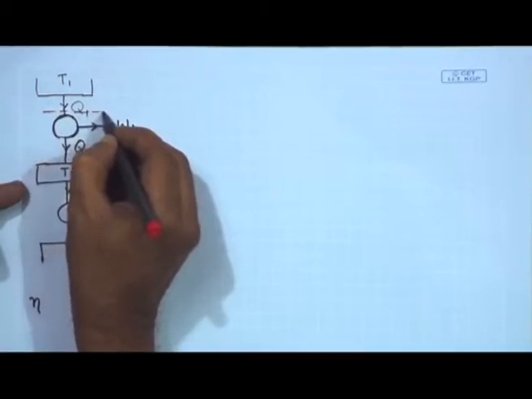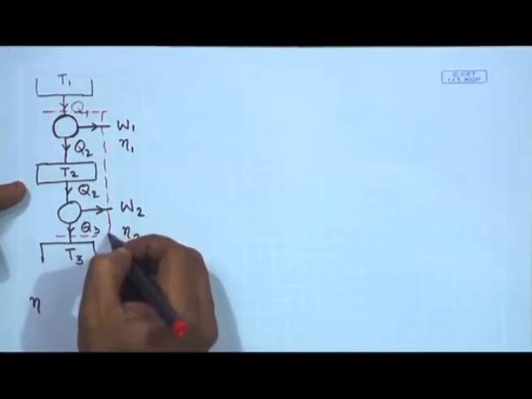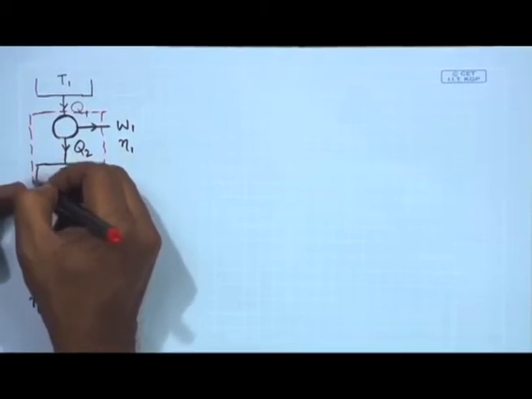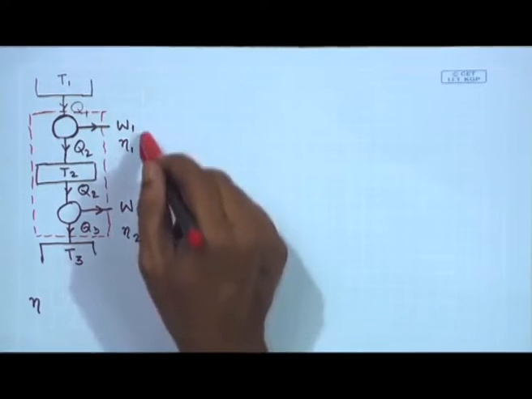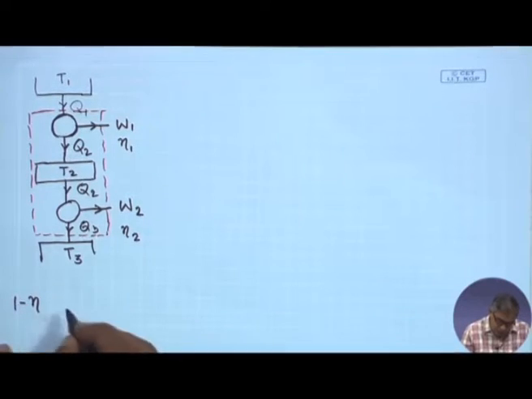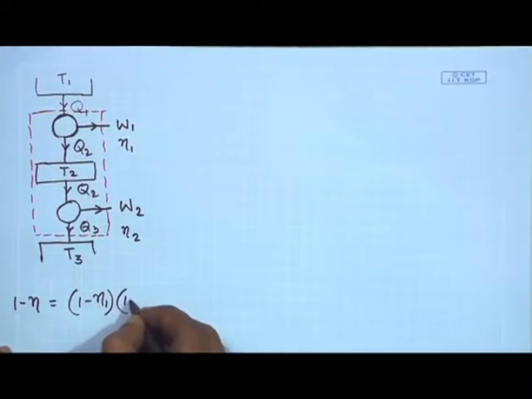This combined cycle takes Q1 amount of thermal energy from a temperature T1 and rejects Q3 amount of thermal energy to a reservoir at T3, while it does W1 plus W2 amount of work. If the efficiency of the combined cycle is eta, then one can derive that 1 minus eta is equal to 1 minus eta 1 multiplied by 1 minus eta 2.